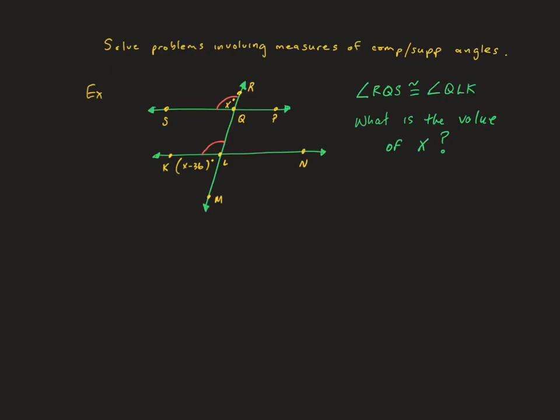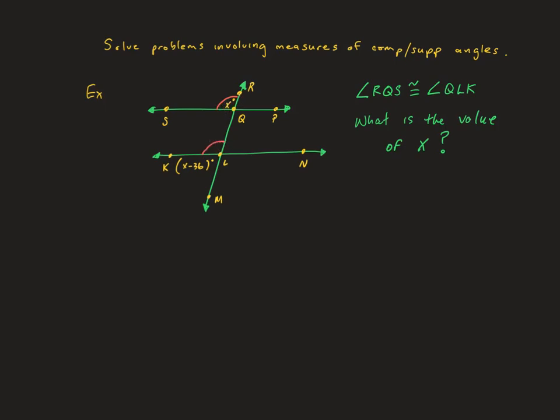And then, oh goodness, let's do a little algebra problem here. It says solve problems involving measures of complementary and supplementary angles. And they have told us that angle RQS, this angle right here, is congruent to angle QLK, and I've got the little congruency marks here.